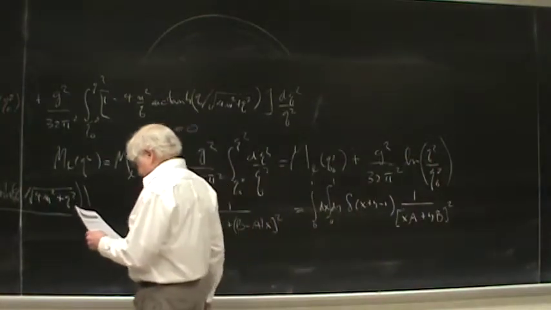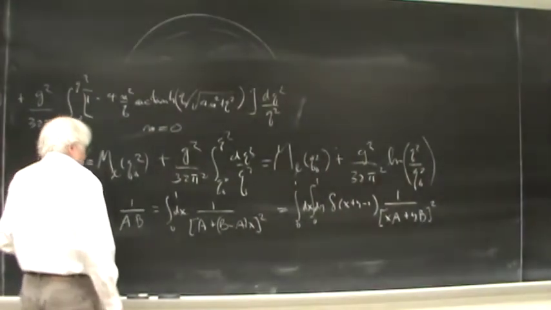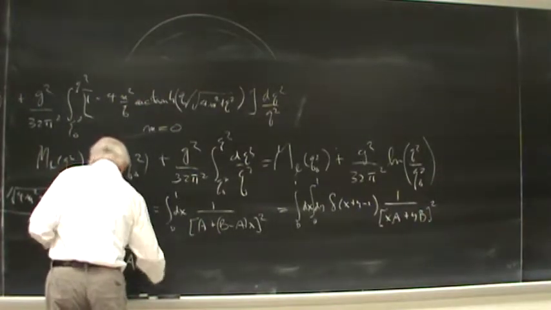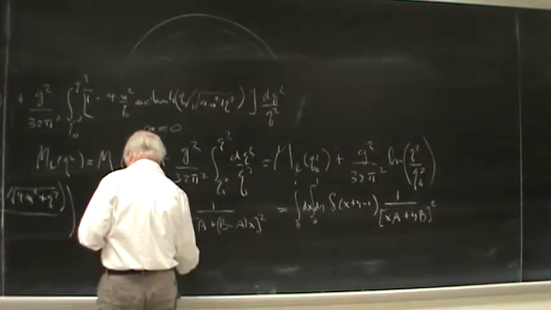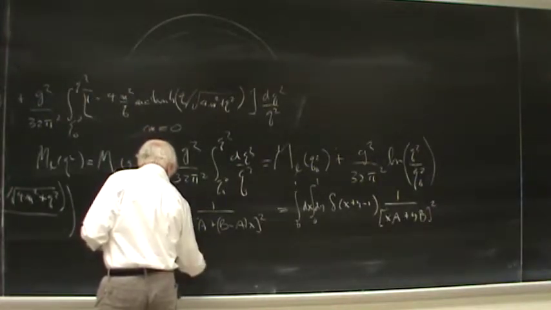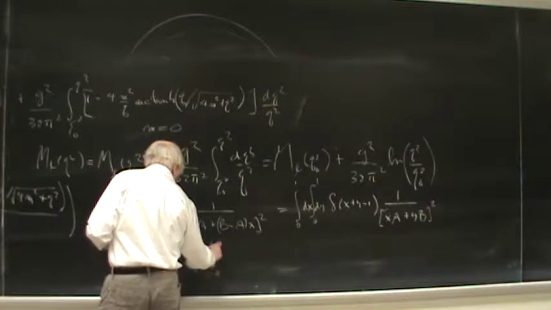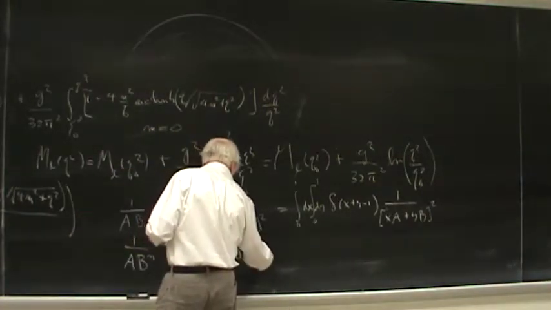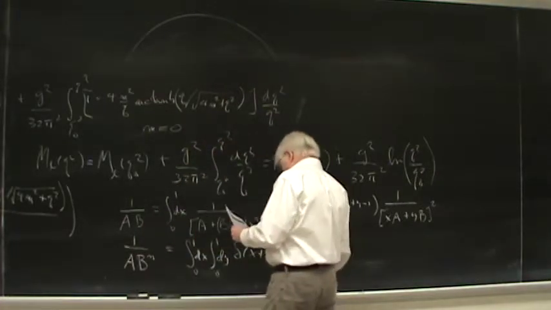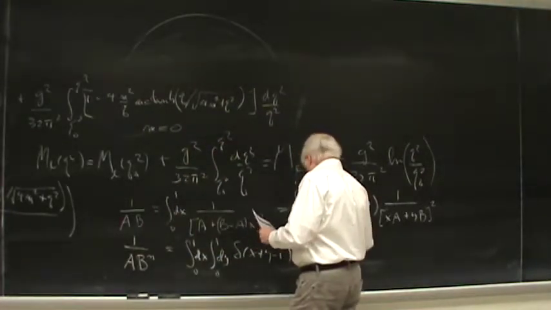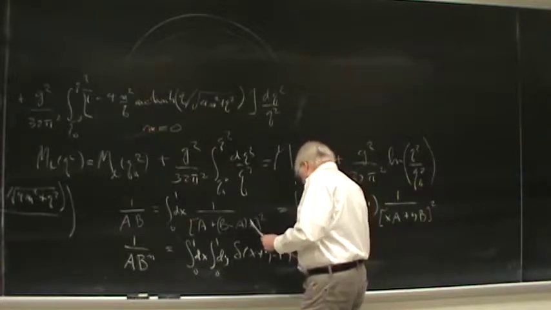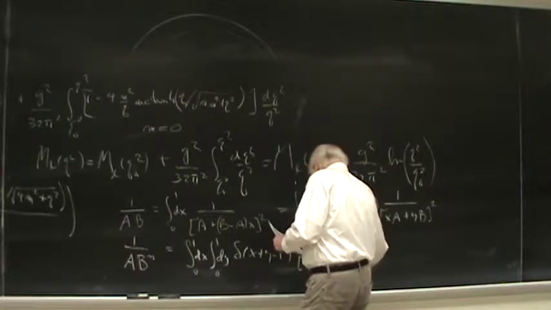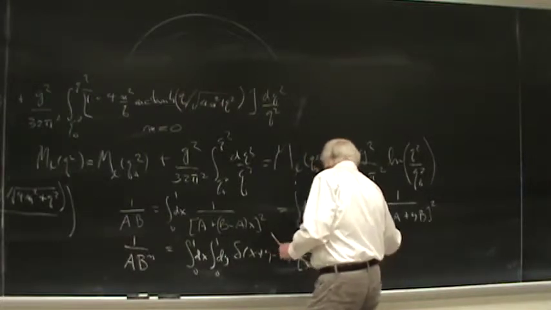And then other identities due to Feynman: 1 over a b to the n is the integral 0 to 1 dx, 0 to 1 dy, delta of x plus y minus 1, and now n y to the n minus 1 over (xa plus yb) to the n plus 1.